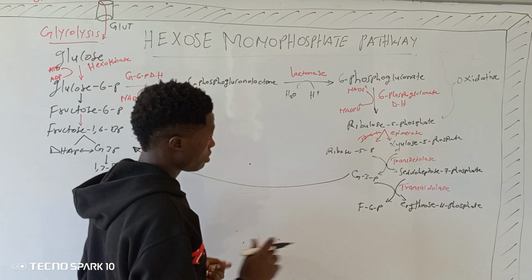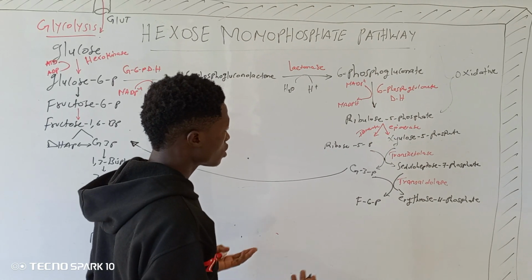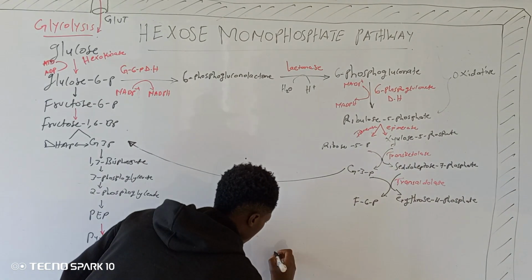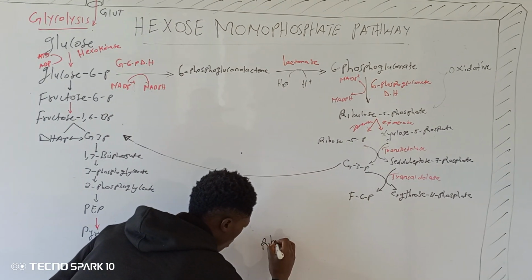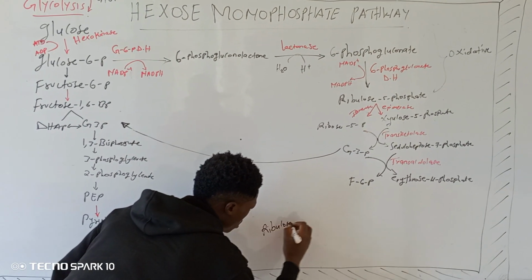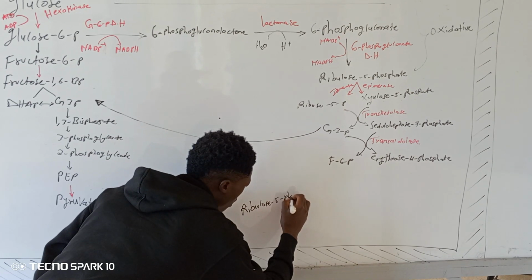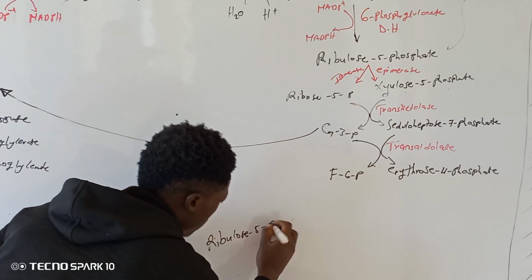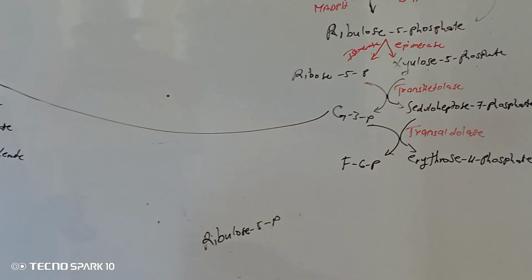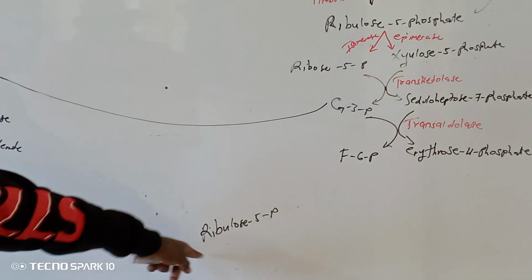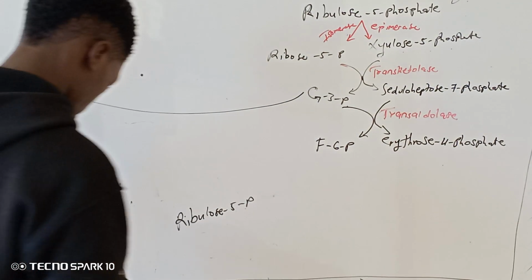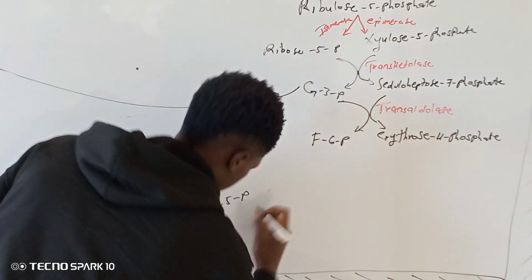Now, remember inside the cytoplasm we can also have some other molecules of ribulose 5-phosphate. Let me just write it. Ribulose 5-phosphate. Now, this ribulose 5-phosphate can again be acted upon by the epimerase enzyme.